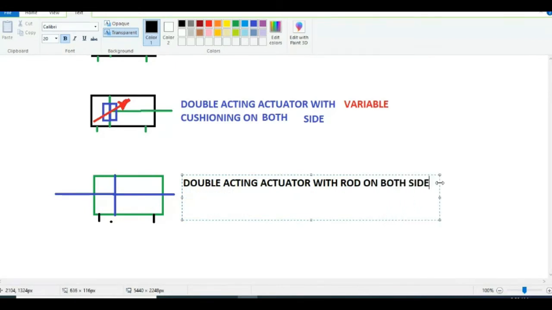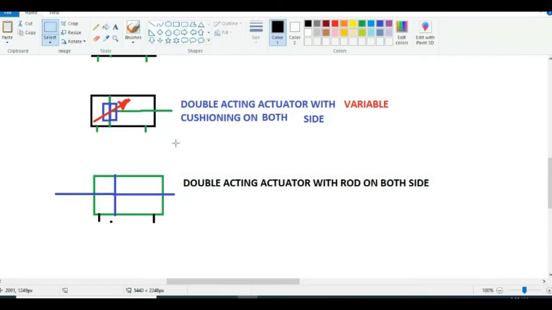Double acting cylinder with rod on both sides. This is the symbol for another type of actuator, and this is also called a double piston rod. This is all about the actuators. I hope all of you get a clear idea about it.